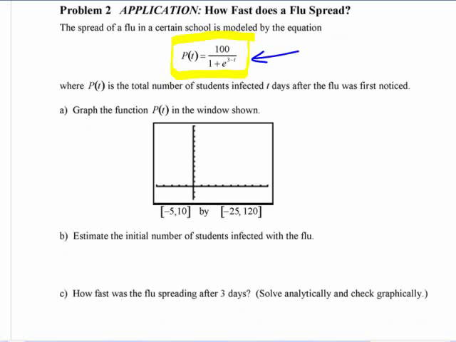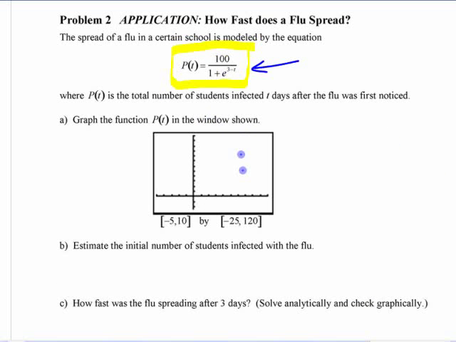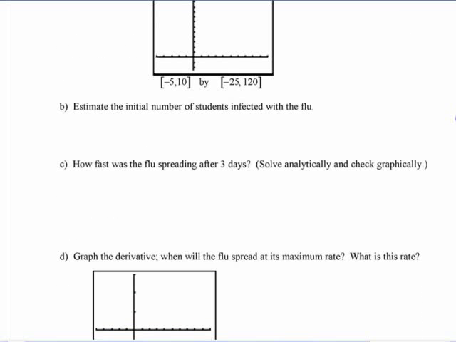The thinking here was that you would go through and do this algebraically and graphically. Like find the slope or the rate graphically and do it algebraically here. Solve this analytically and graphically.